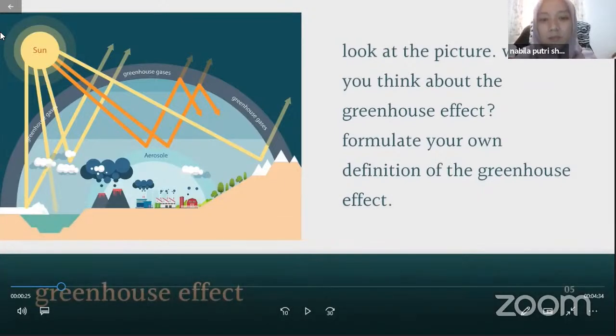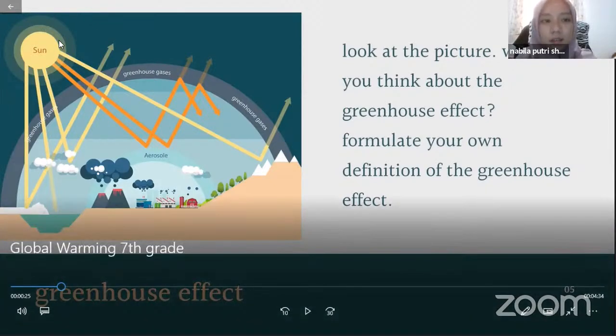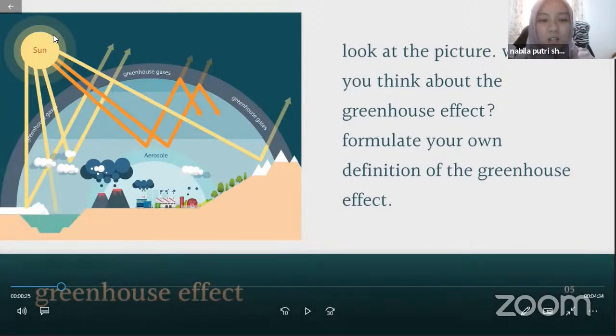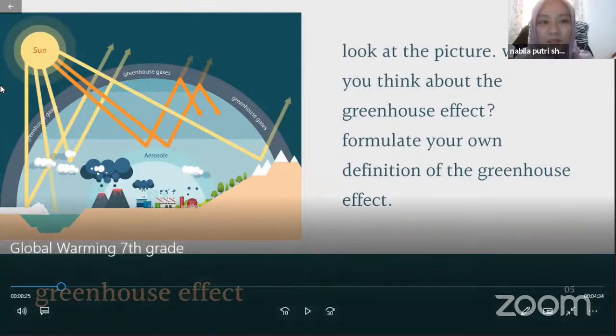In the previous picture, I showed you some pictures affected by global warming. In this section, I would like you to formulate your own definition of the greenhouse effect. There is a picture here that represents the greenhouse effect. Do you know what the greenhouse effect is and what the difference is between the greenhouse effect and global warming? Who knows?